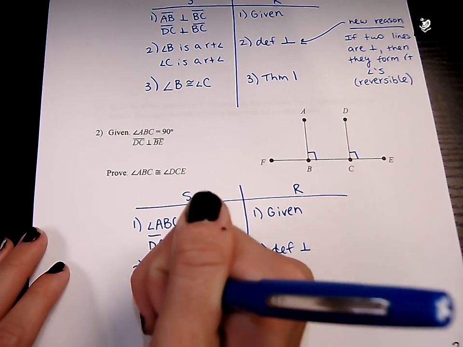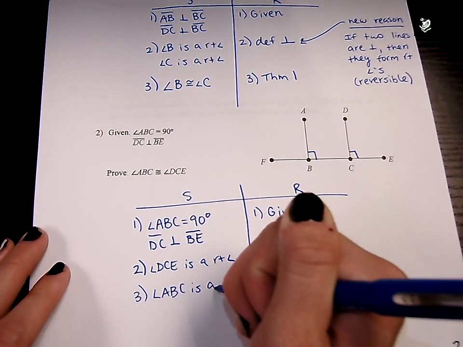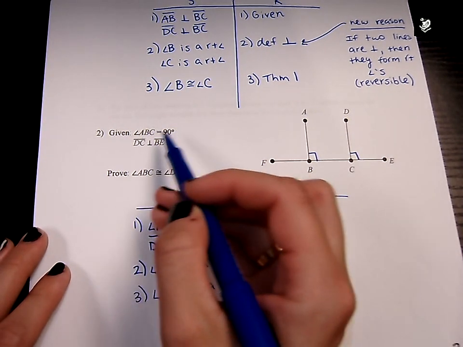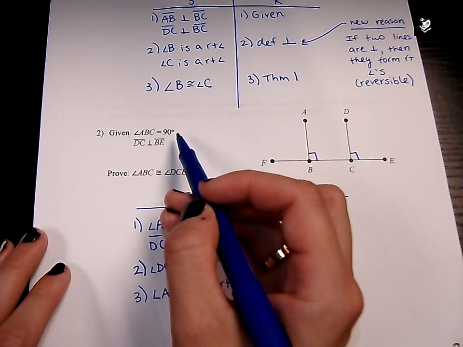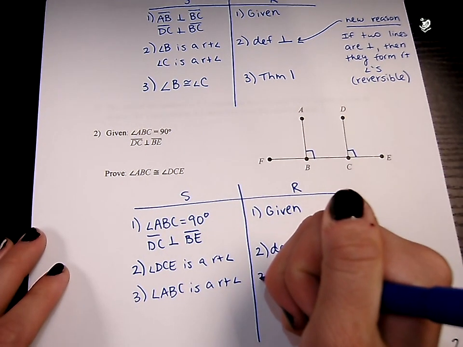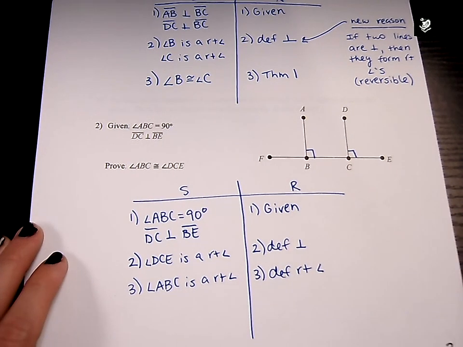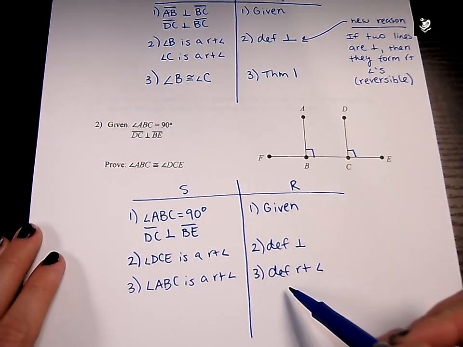So I could put angle ABC is a right angle, not because of definition of perpendicular. I don't have that perpendicular symbol here. But we do know that if an angle is 90 degrees, it's a right angle. If you remember from chapter 1, the reason here is definition of a right angle. So I'm stating the same thing, but the reasons are different, right?